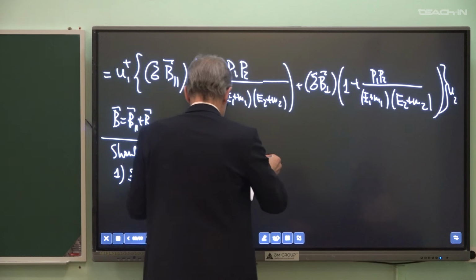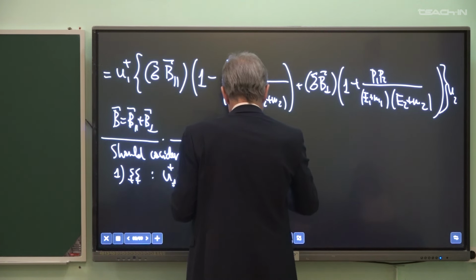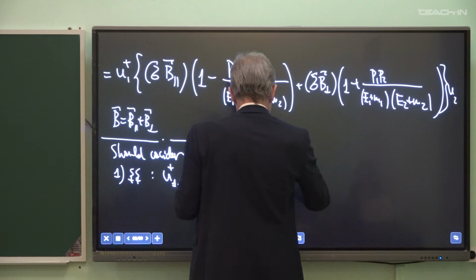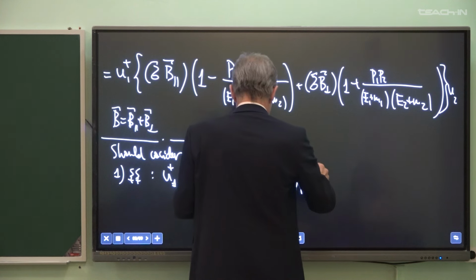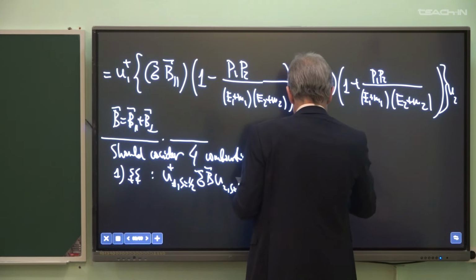So just this is 1, 0, sigma, 1, 0, B longitudinal plus B transversal.